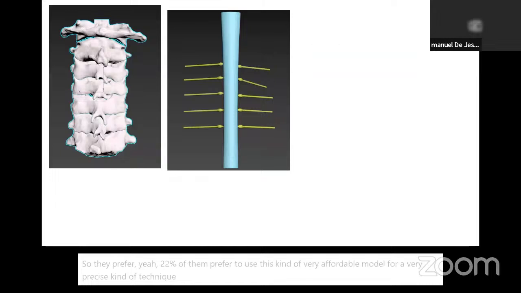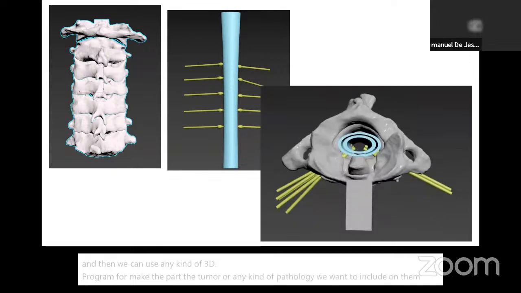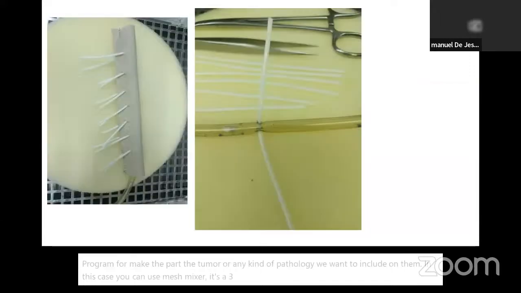Another kind of model is the tumor one. Again, as I said, we take the DICOM file, the STL file, and then we can use any kind of 3D program to make the tumor or any kind of pathology we want to include. In this case, you can use Meshmixer. It's a free program.